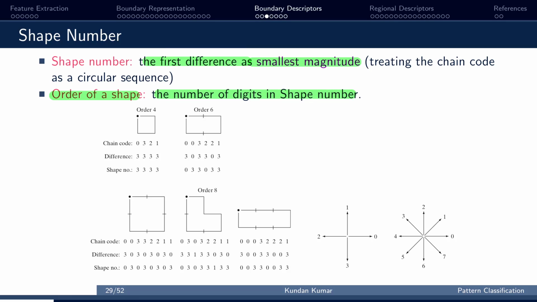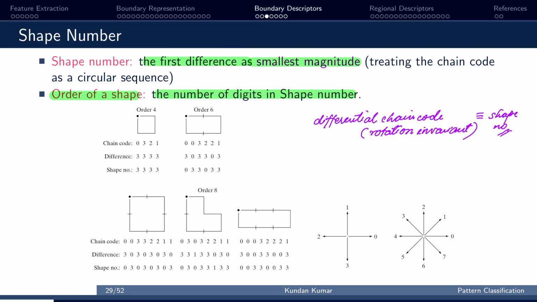Okay, so keep in mind that the differential chain code, which is rotation invariant, is equivalent to the shape number.